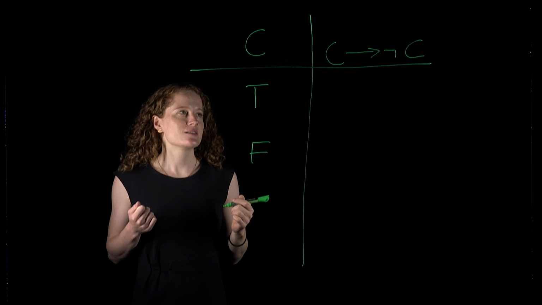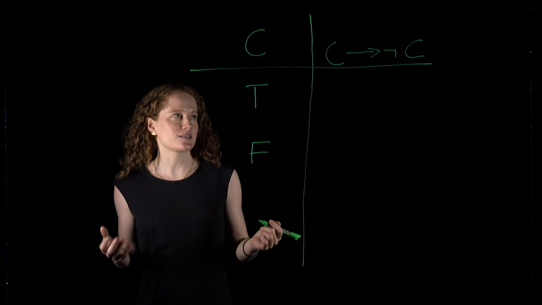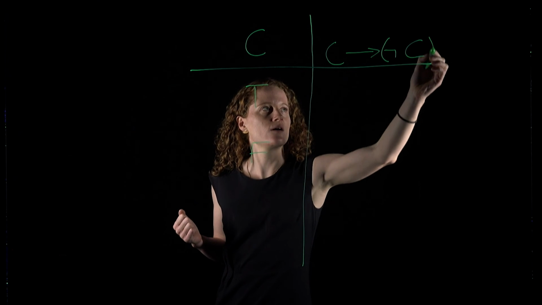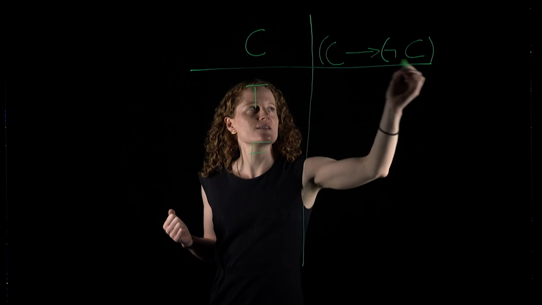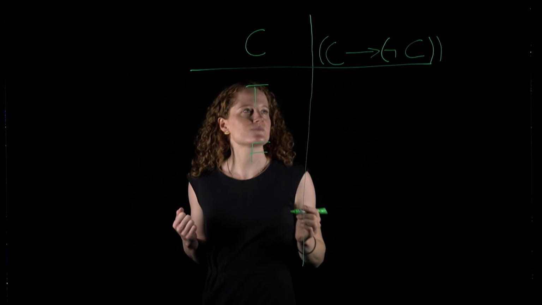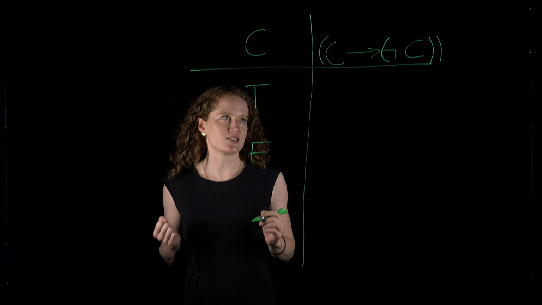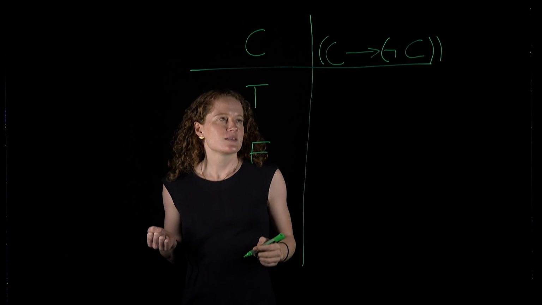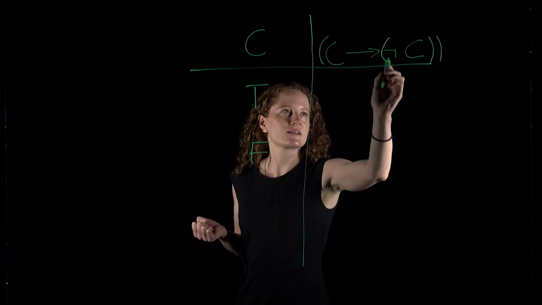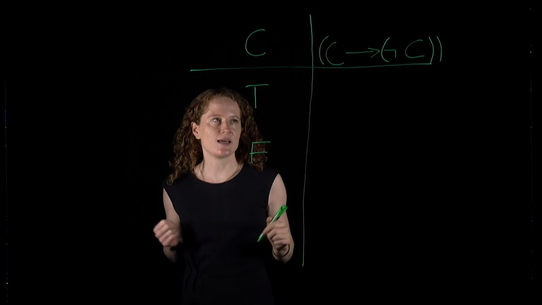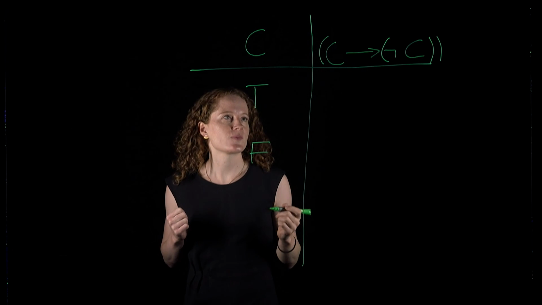I'm going to start with the innermost connective. So when you think about this sentence with all its brackets, it would look like this. And the innermost connective is my negation sign there, since that connective is inside two brackets and doesn't contain any brackets within its scope.